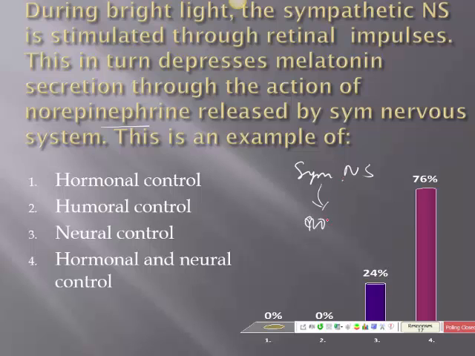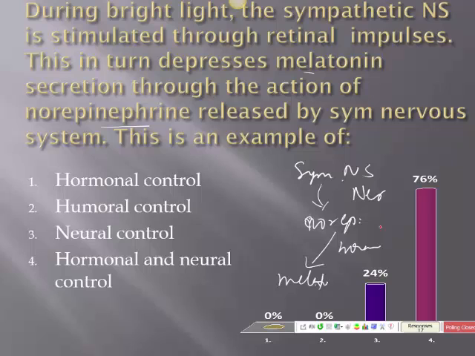So it's the nervous system causing release of norepinephrine, so this is the nervous control. Norepinephrine prevents or depresses melatonin secretion, so it's acting on another hormone, which is melatonin. So here is one hormone acting on another, so this is hormonal control. You can see this involves both neural as well as hormonal.